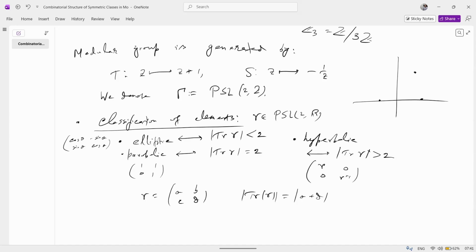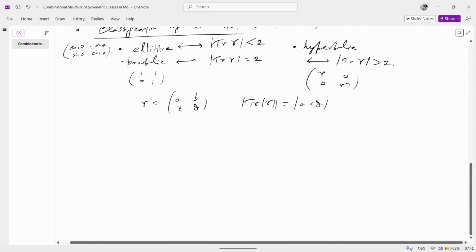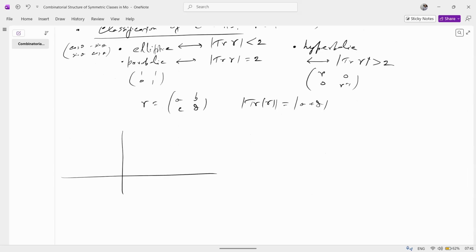Now, one of the motivations for this talk is a special kind of object. Geometrically, PSL2Z is a discrete group. It has a nice fundamental domain, we all know that.